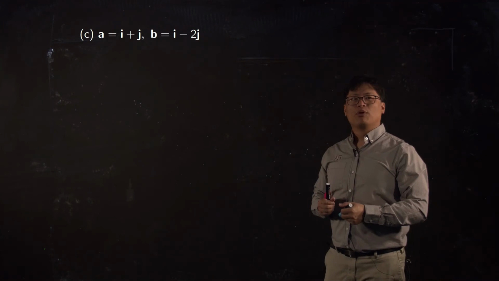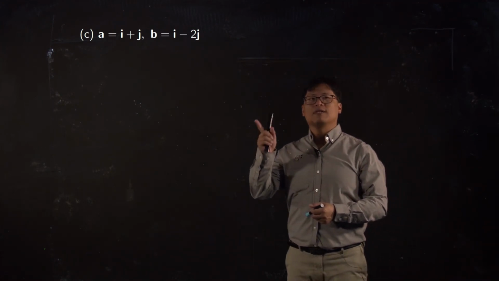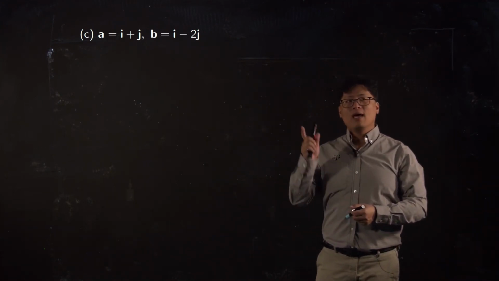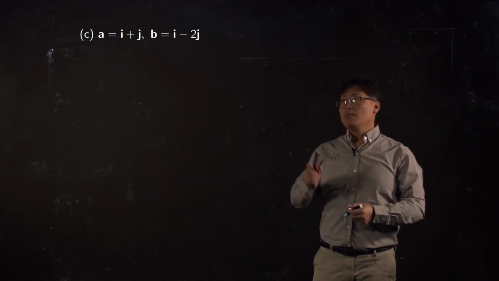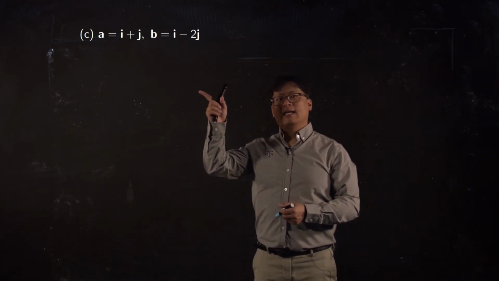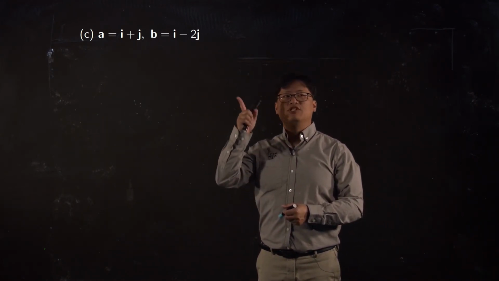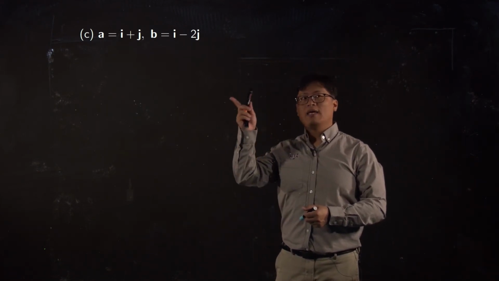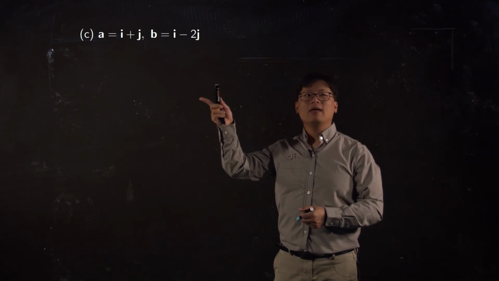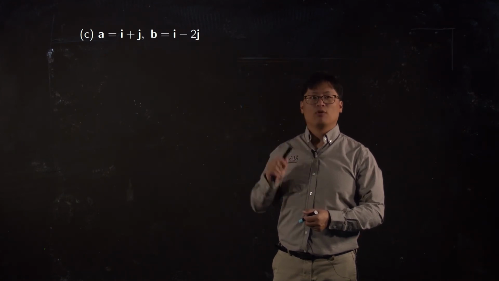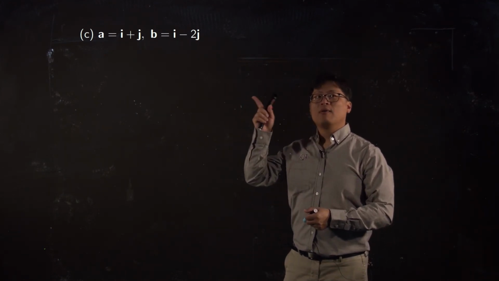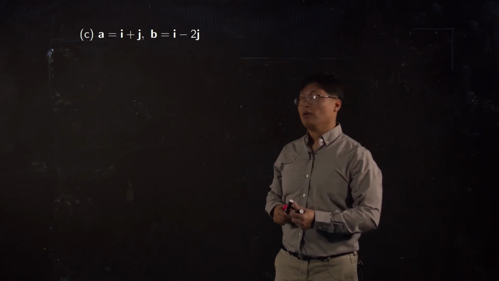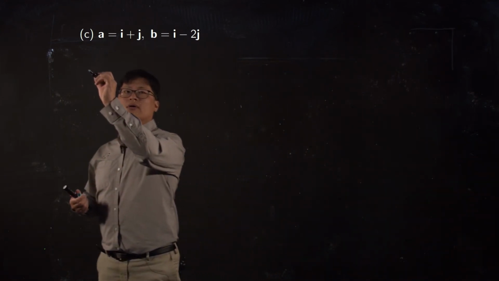What about this problem? I would like to introduce a different notation for vectors: i and j notation. Keep that in mind: i is the x component and j means the y component. For vector A, the coefficient of i is 1 and the coefficient of j is 1, which means vector A can be written in component form as (1, 1).